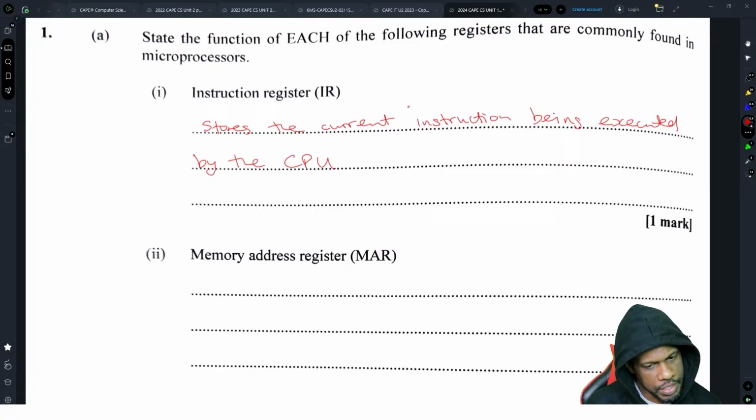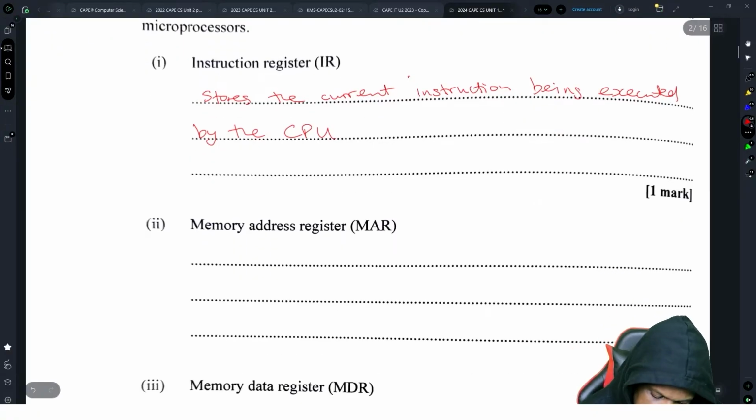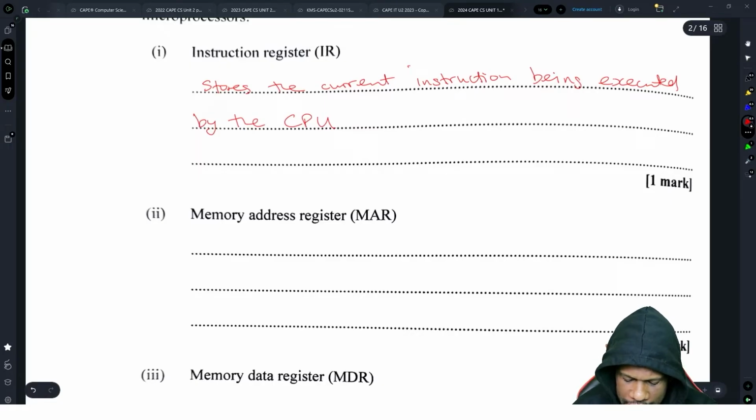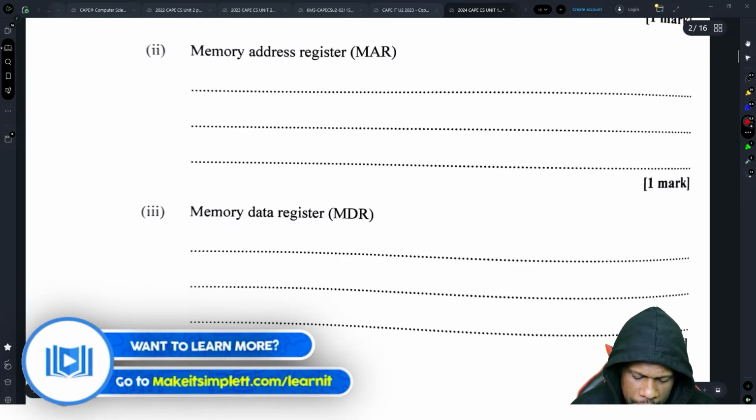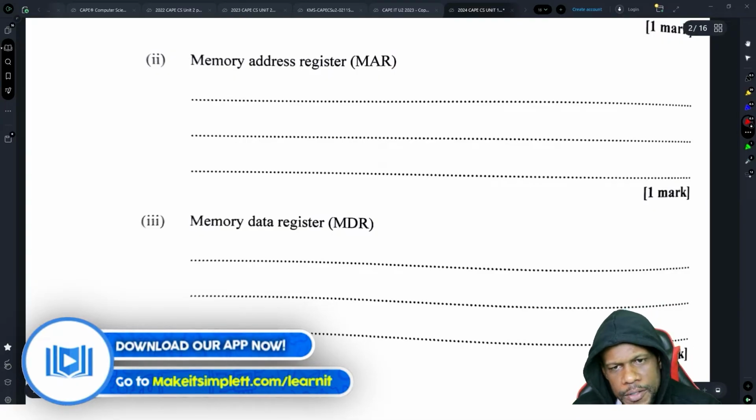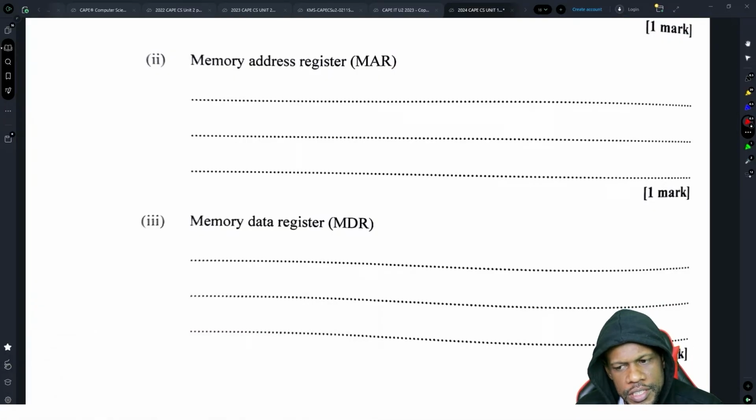MAR, memory address register. The MAR stores the location of the next... yeah, we have a problem here. The difference between the MAR and the MDR, they're very, very close to each other, so you had to write something that will differentiate both of them.